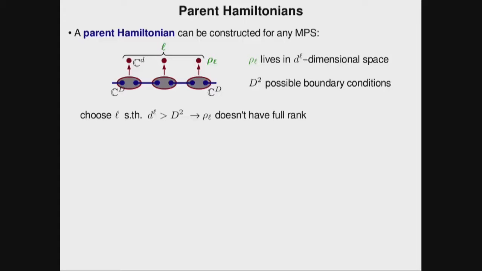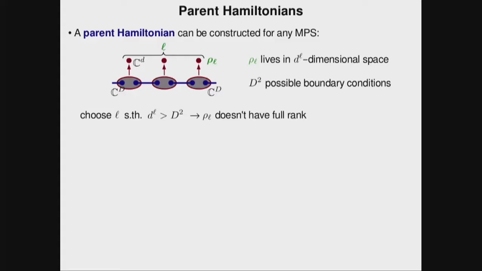Now, how many states can we possibly get? All the entangled states in here are in a pure state, so they have no degrees of freedom we can choose. The only degrees of freedom we have are the left dangling bond, so we can choose some value for that spin and some value for that spin. That's all the degrees of freedom we have, so we actually only have d squared degrees of freedom, which is a constant number.